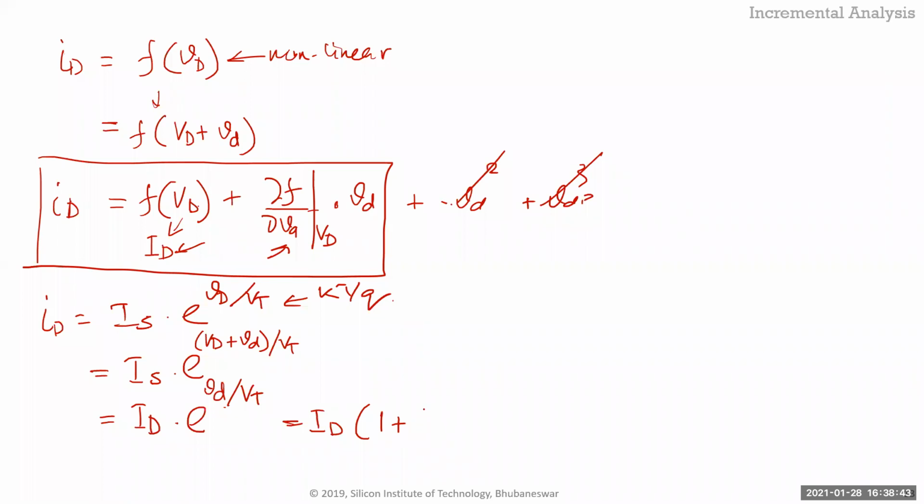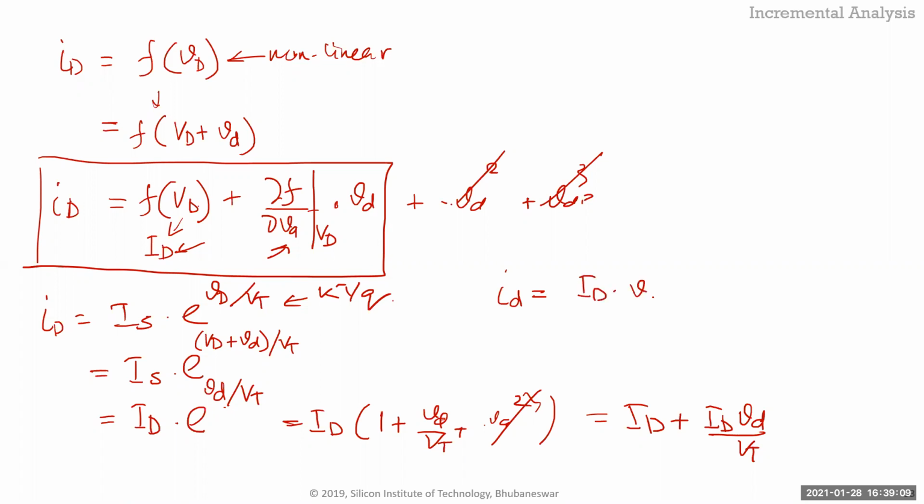Now, if I take the Taylor expansion of this, then this will be ID times 1 plus x, which is vd over VT, plus the square term over 2 factorial, I think, VT square by 2 factorial and all that. I can neglect those. And then this becomes ID plus ID times vd over VT. Okay. If I just take the small signal, I'll say id is equal to ID times vd over VT, right?